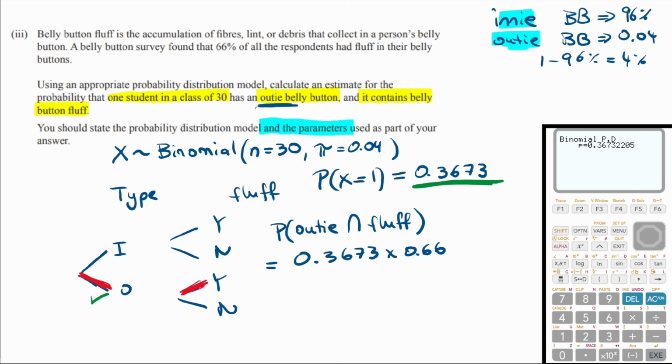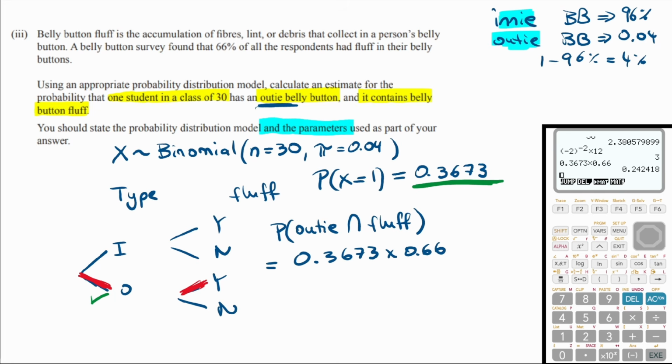Now we can put this in the calculator, and we should get this. One second. If we go back all the way to menu number 1. So we have 0.3673 times 0.66.